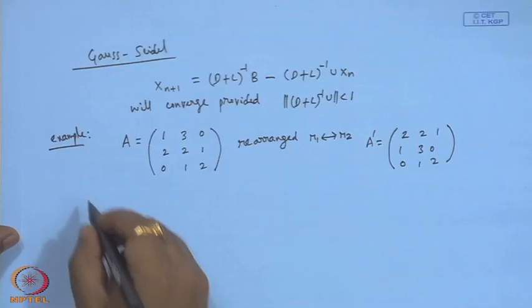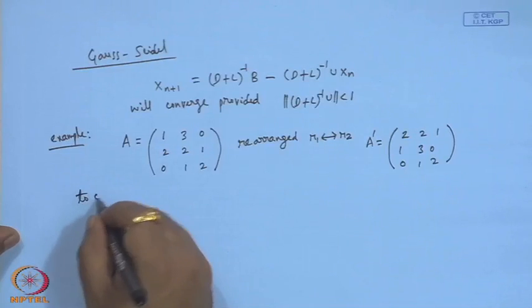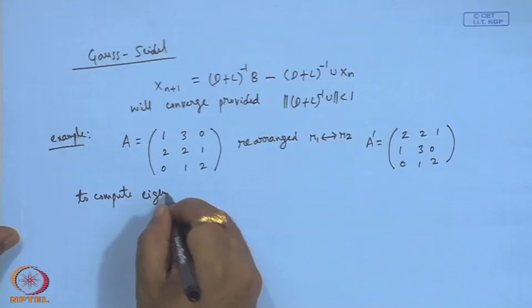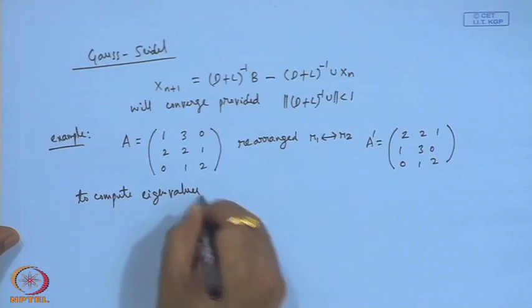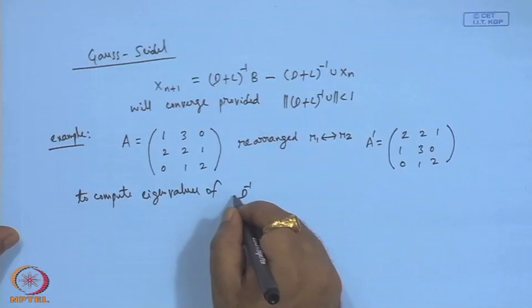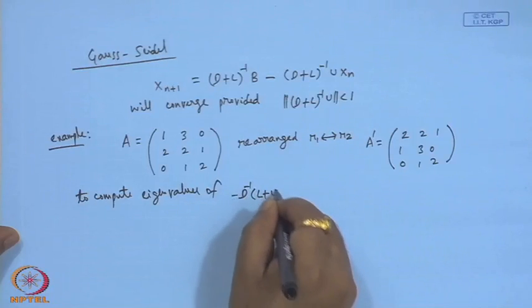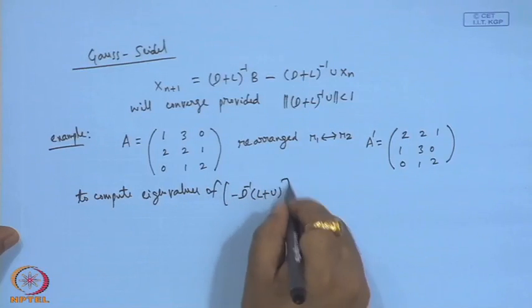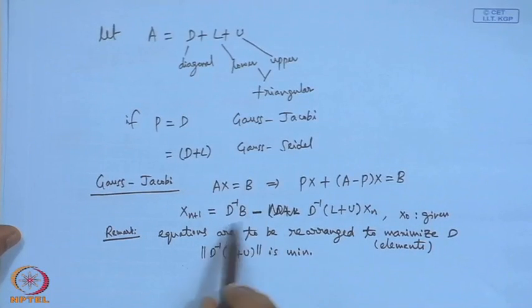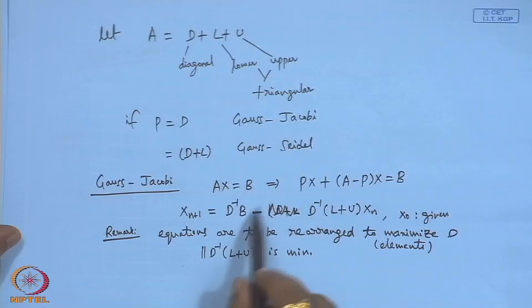Now, to compute the eigenvalues of this, because this is for Jacobi, we need this matrix.